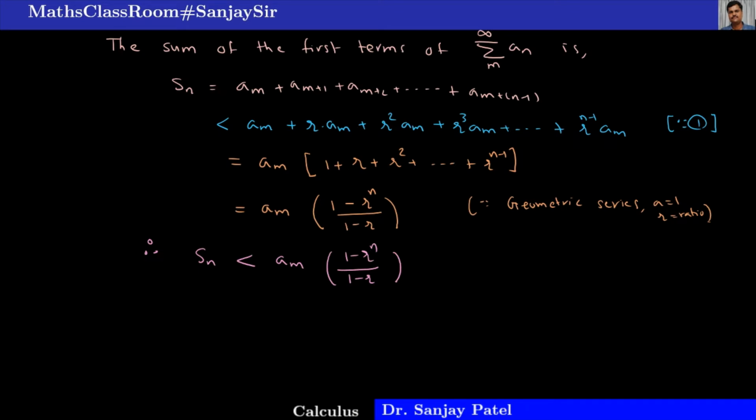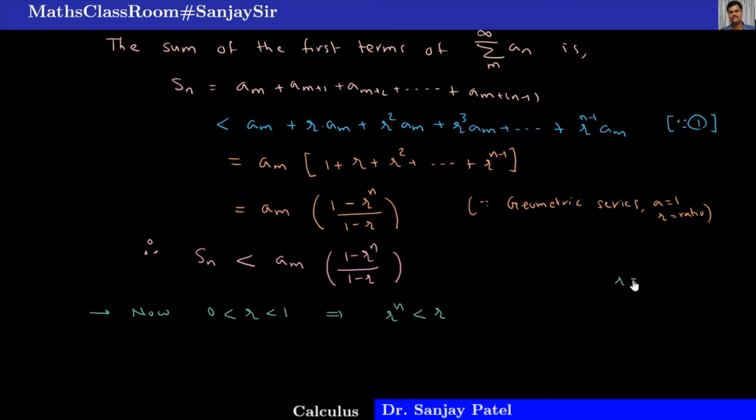See now, what is r? We have r is a number between 0 and 1. If 0 is less than r less than 1, then we know that r raised to n is always less than r. It is very easy to understand.